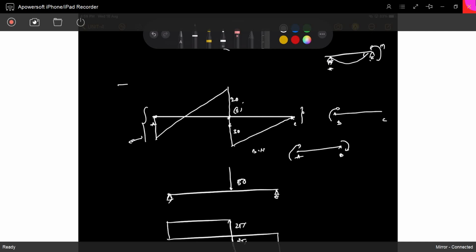That's it, na? That's it. One problem, a very, very simple problem. So no need to do much more when a concentrated moment is applied. Okay. So now we will go to solve another problem.